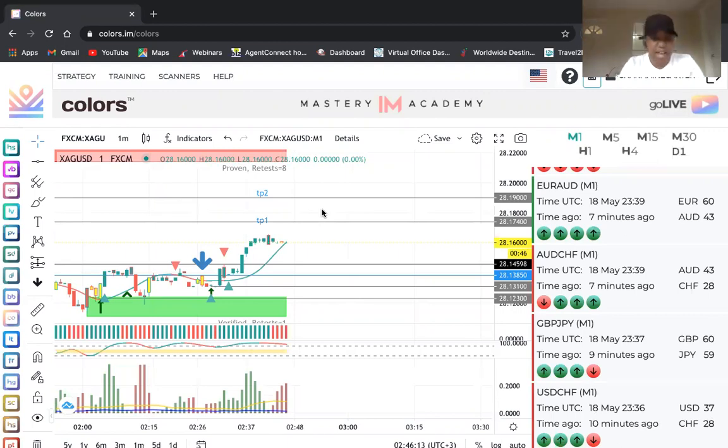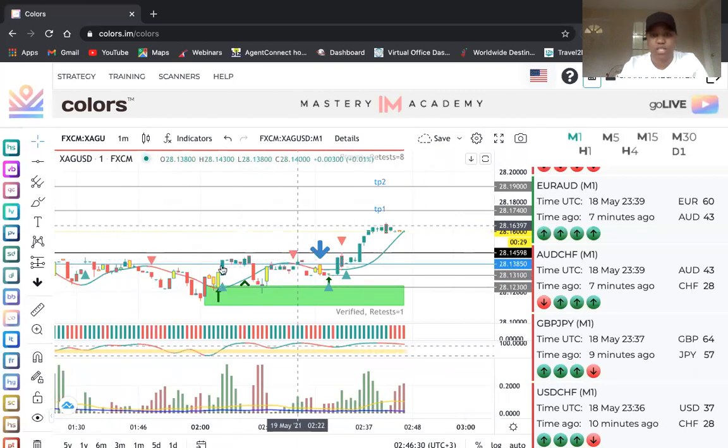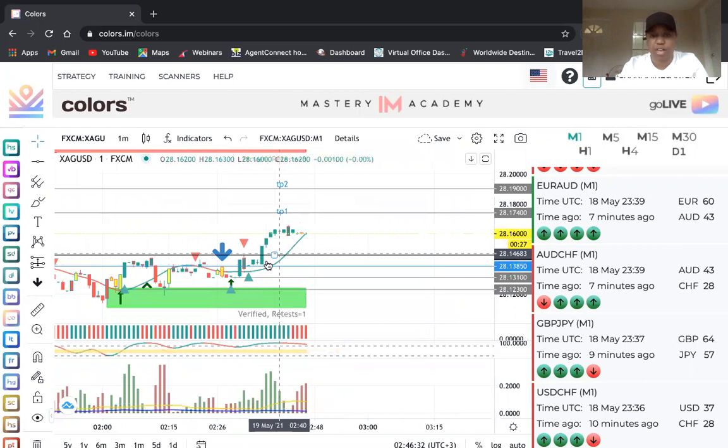Oh, and the next thing, guys, this EMA line right here, as you can see, does act as a form of direction. When it's for a sell, you will see the EMA over the candles. And when it's for a buy, you will see it under the candles.